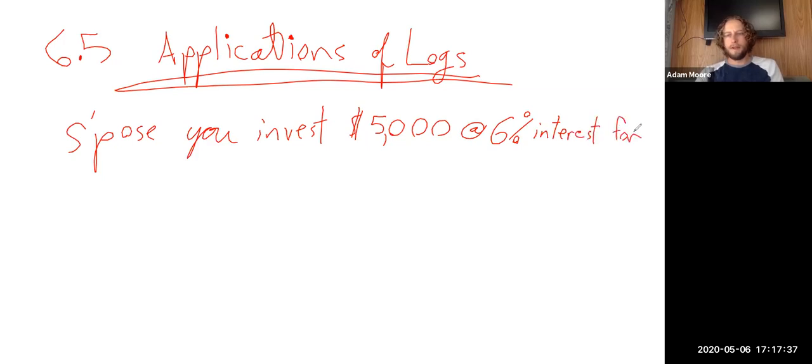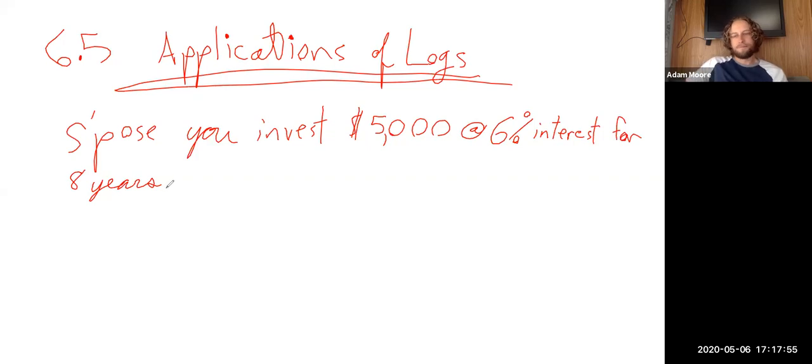And you leave it in there for 8 years. It's like your little time capsule. It's supposed to be there for like 20 years, but you just couldn't wait. You had to get it at 8. Whatever.